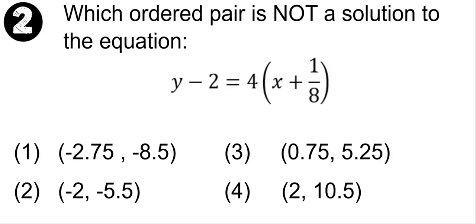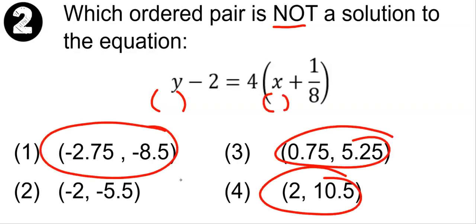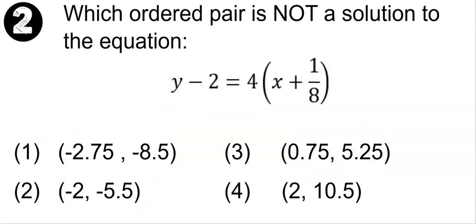Question 2 asks you which ordered pair is not a solution to this equation. Well, there are two ways you could solve this. One is you could erase and replace the letters x and y with any of these optional ordered pairs. Or we could rewrite this sentence so that it is in y equals form.